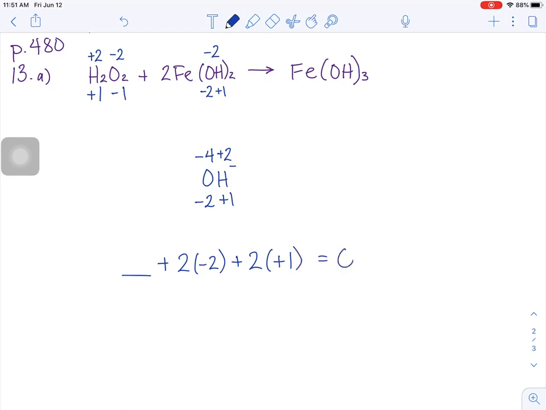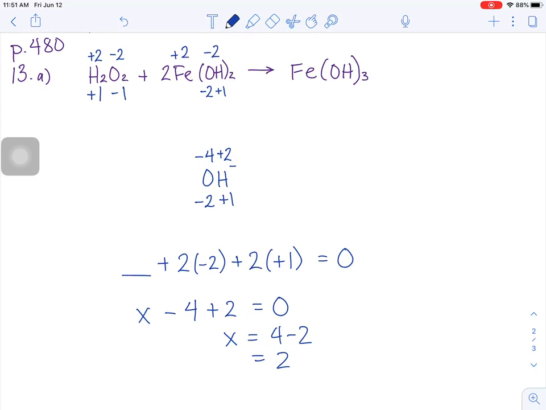And that needs to equal 0 because overall iron 2 hydroxide is neutral. So I have some number x, -4 + 2 equals 0. So x is equal to 4 - 2 or 2, and that's a +2.